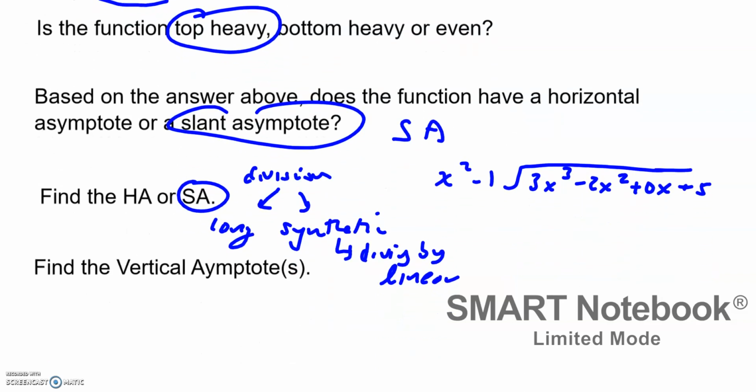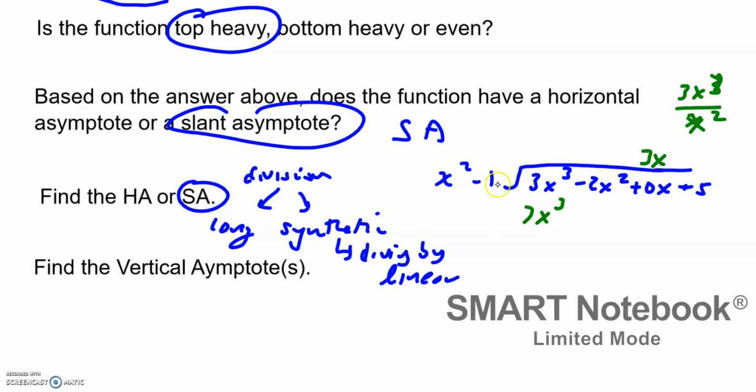So if I start my long division process, how many times does x squared divide into 3x cubed? Or if I did 3x cubed divided by x squared off to the side, that would be 3x. And I'm going to put that over its like term of 0x, and I'm going to multiply that back. That's a cubed, by the way. So 3x times x squared is 3x cubed.